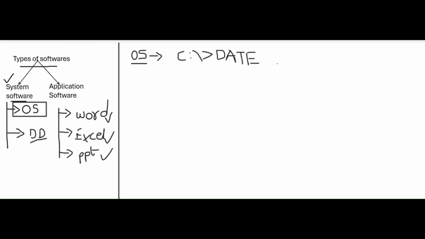A switch is either on or off, one or zero. In that way, as a computer is an electronic device, it can understand only two states, one and zero. That means a computer can understand only machine language. We call this language of ones and zeros machine language.